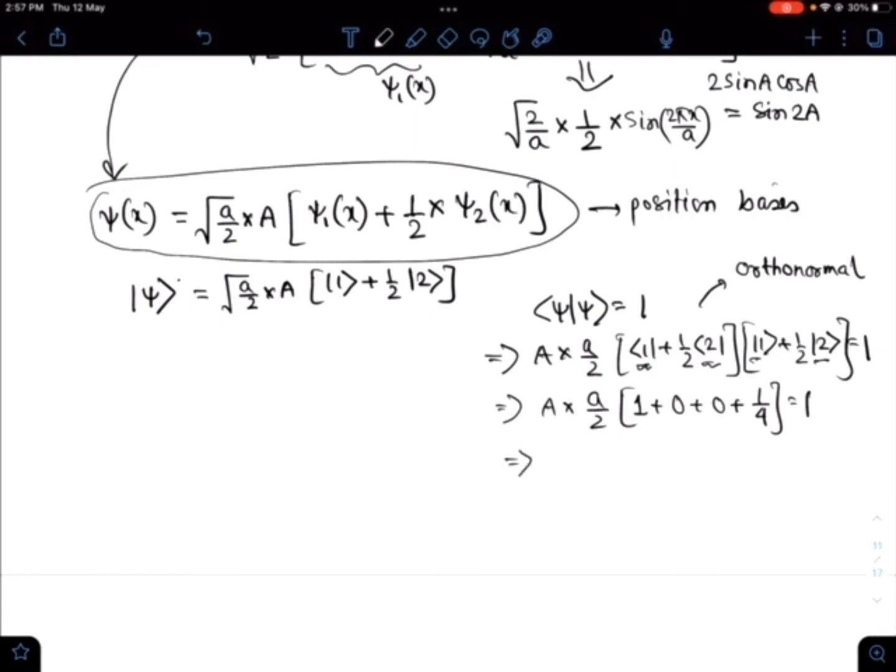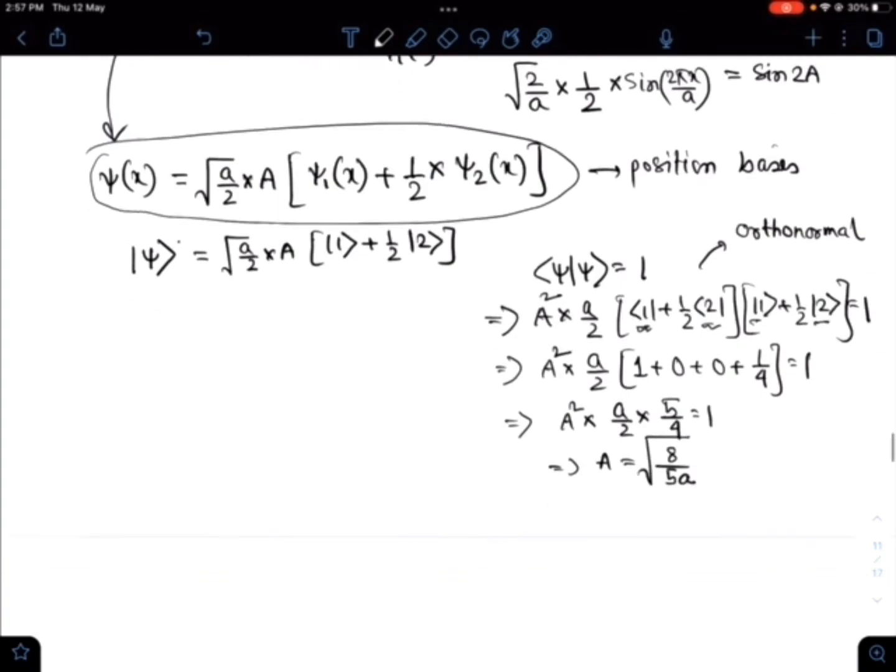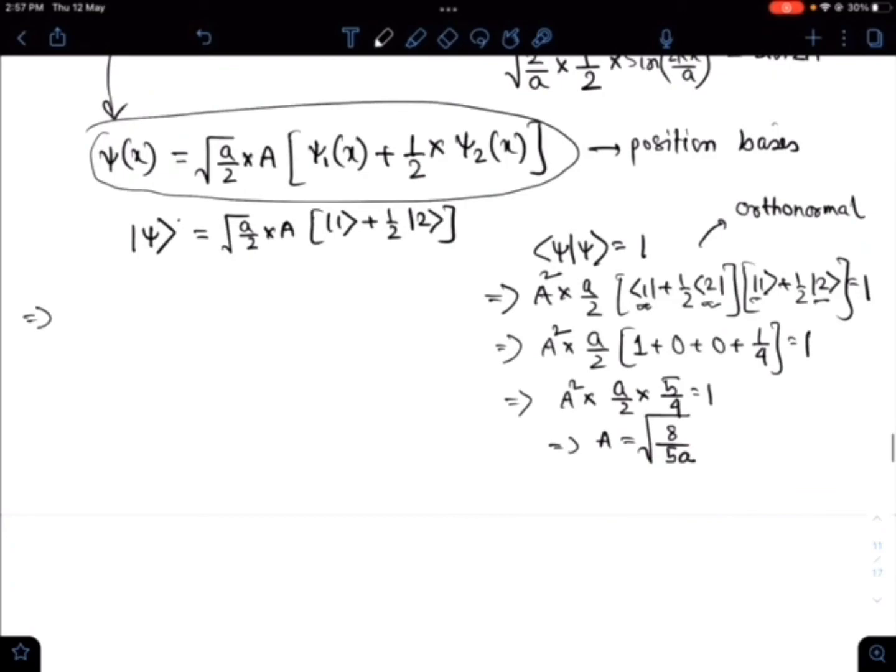So if you calculate this, sorry, here should be a square. So a square into a by 2, this will be 5 by 4. So from here we will get a to be root over 8 by 5a. If we put this, then psi will be root over a by 2 into root over 8 by 5a, and we will have |1> plus half |2>.